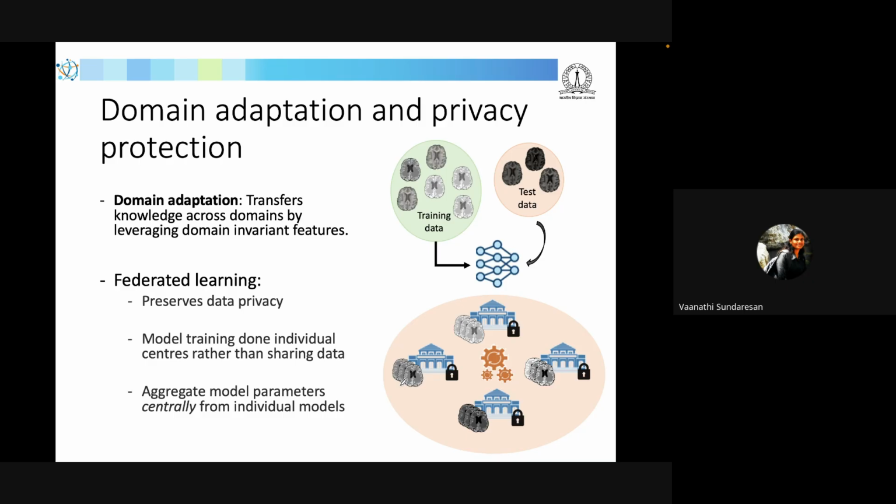Then there's synchronization. If one of the servers is down for one of the clients, then synchronization and aggregation might be a problem, because all the other clients will be waiting for that server to be on, right? So there are implementation level challenges, and there are conceptual challenges as well.